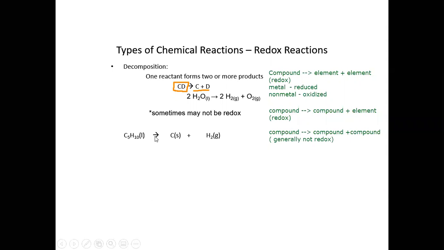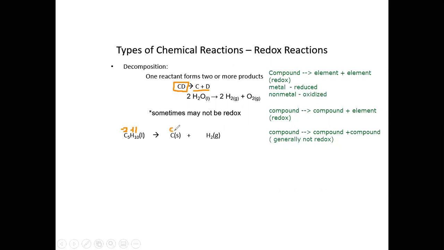So here we have the decomposition of pentane into carbon and hydrogen. Here, there's no metal, so hydrogen is a +1, carbon is a -2.